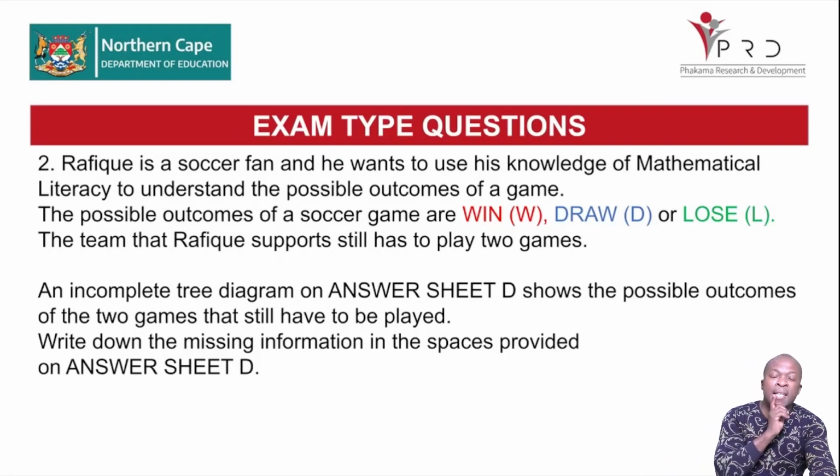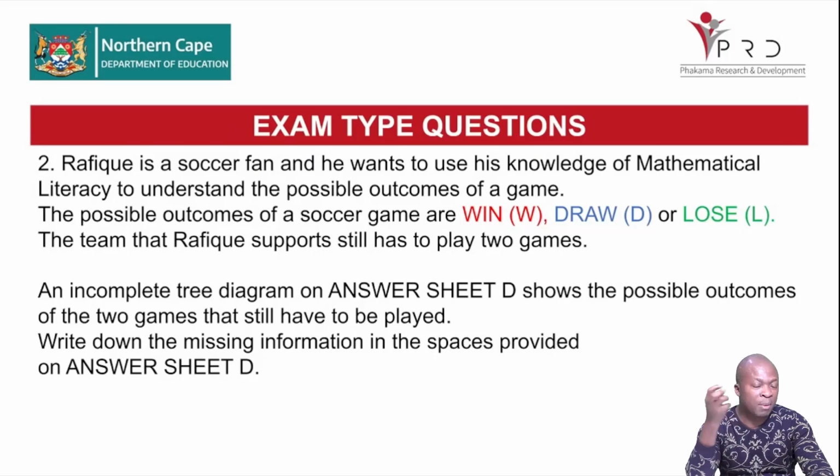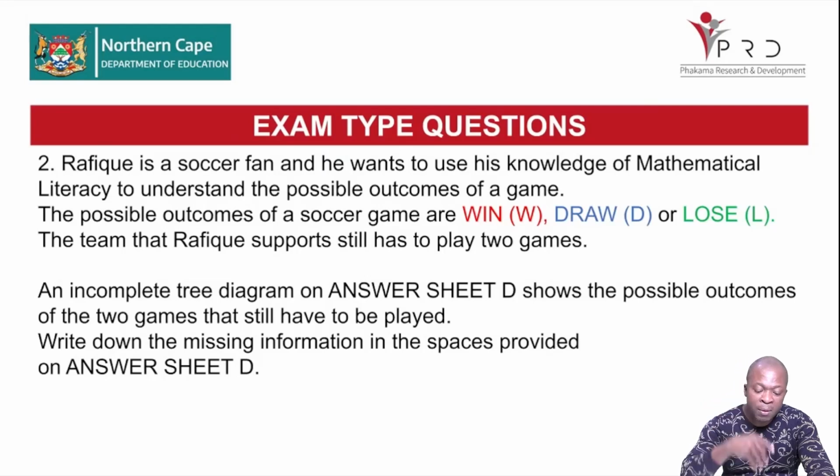So the examiner is saying an incomplete tree diagram. So now we are talking of something different. An incomplete tree diagram on answer sheet D shows the possible outcomes of the 2 games that still have to be played. Yours is to write down the missing information in the spaces provided on answer sheet D.